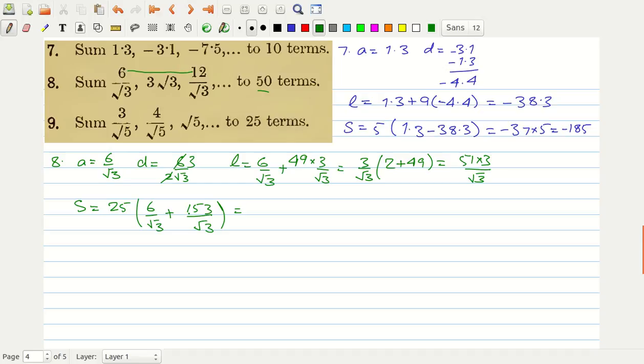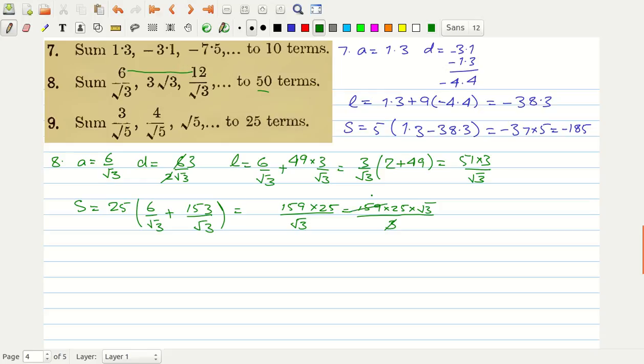So 153 plus 6 is 159. So this we can write as 159 times 25 into root 3 divided by 3.